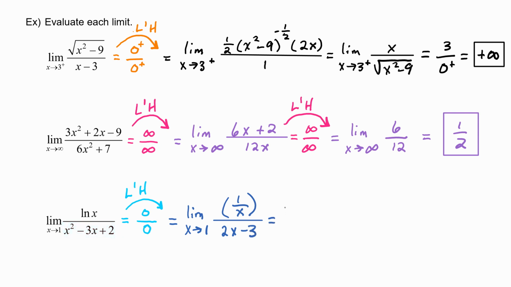Simplifying this, we have the limit as x approaches 1 of 1 over x times 2x minus 3.